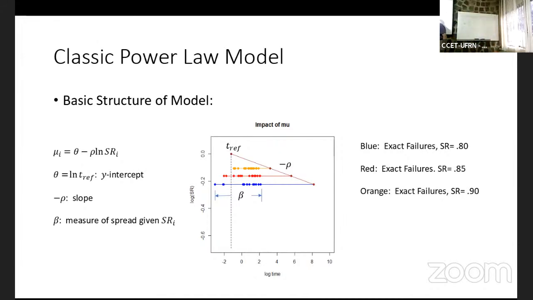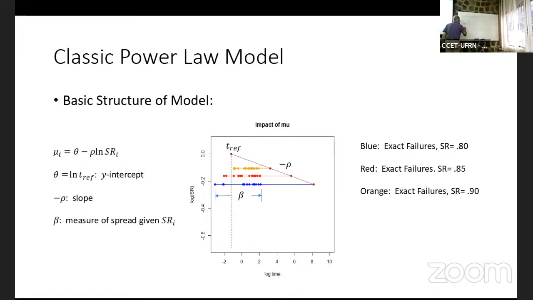T-ref is the Y-intercept. The Y-intercept occurs when the log time is associated with a stress ratio of 0. So far, so good? Okay, so whatever that stress ratio is, let's look at that again.